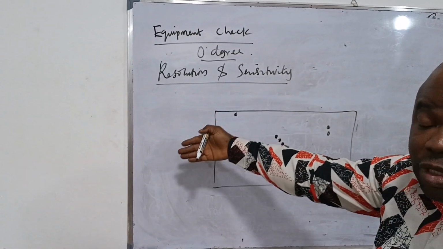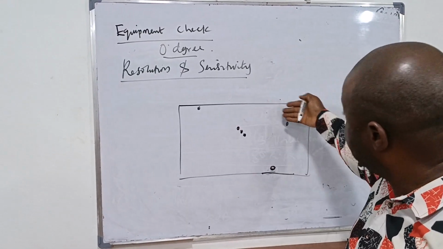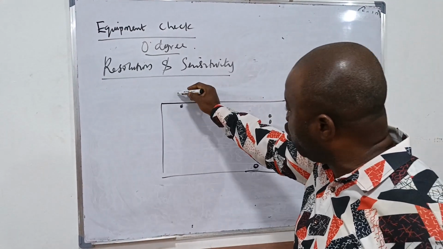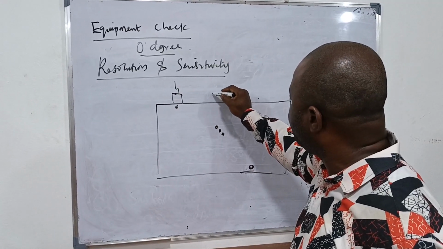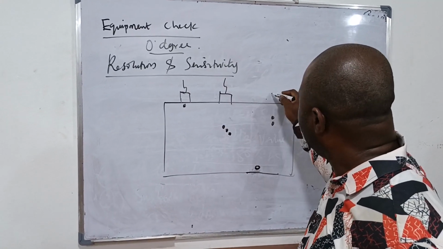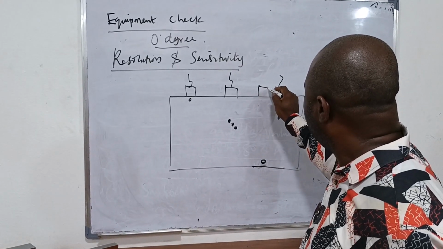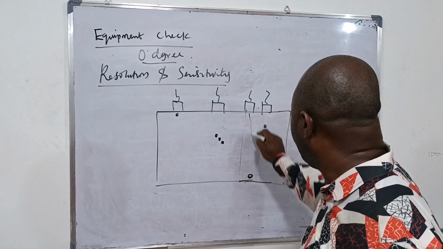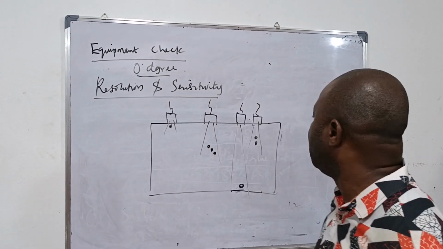Let's assume that these are all side holes, and we are trying to see if our probe, a 0-degree probe, has the ability to see each of them.